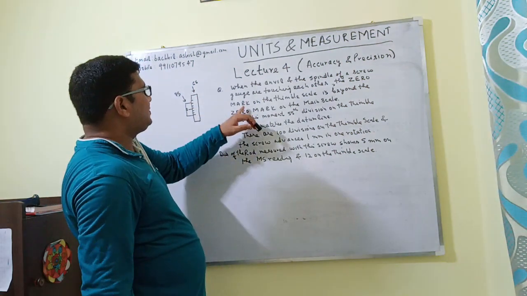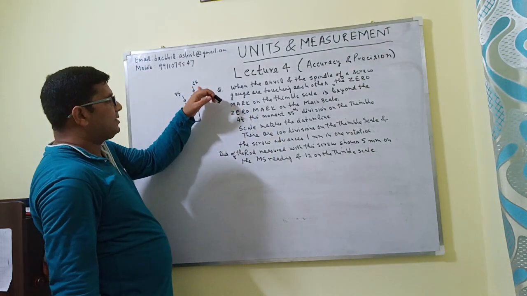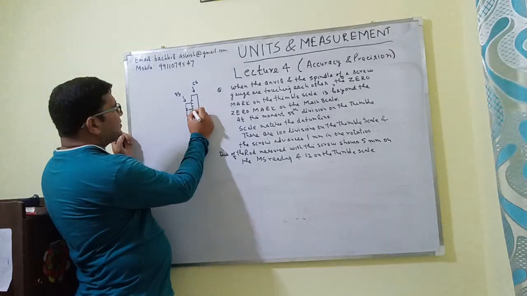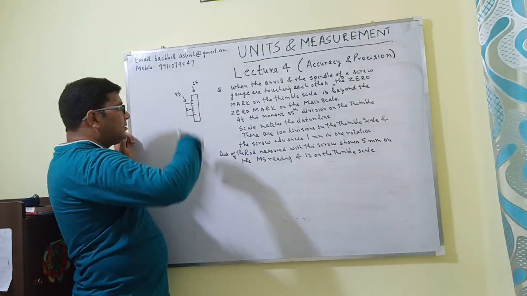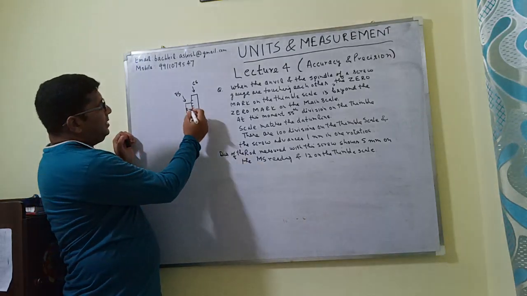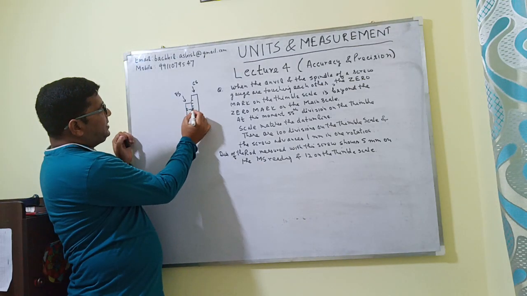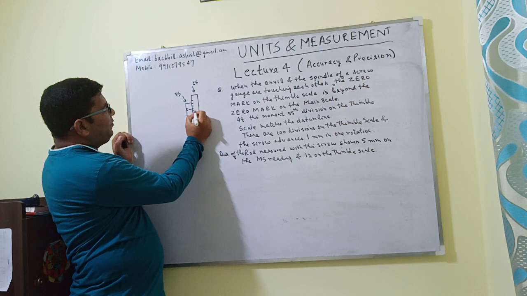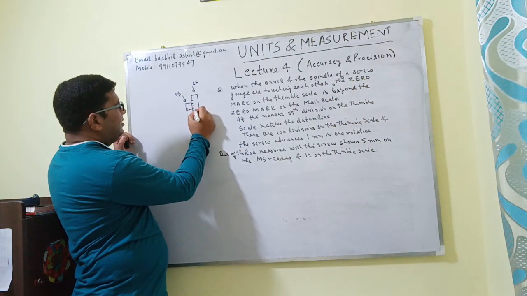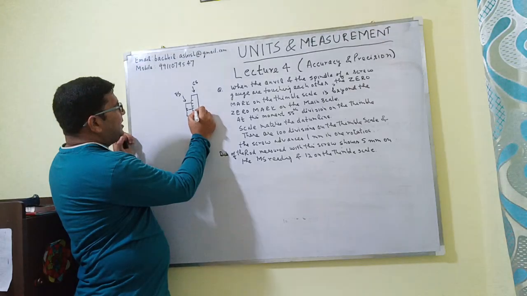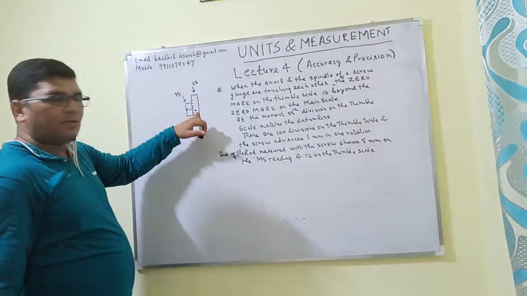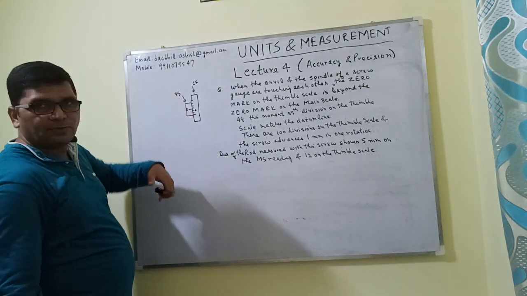He says that the zero mark on the thimble scale or circular scale is beyond the zero mark on the main scale. Beyond means this zero will be somewhere here, but it will be on the downside. So this is the zero mark on the circular scale, and it is on the downside.